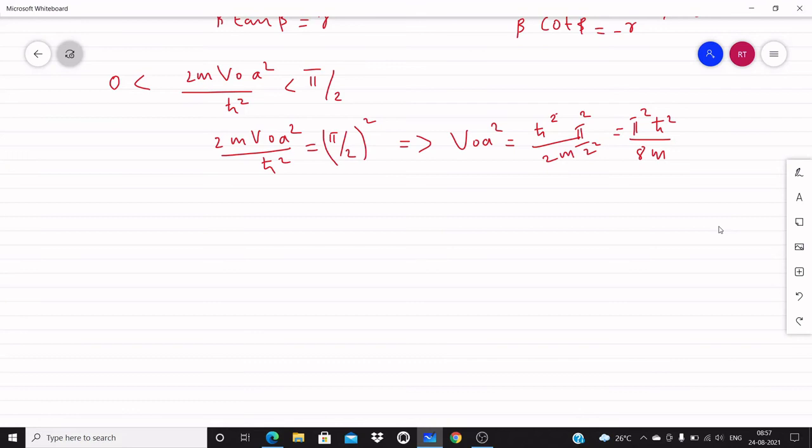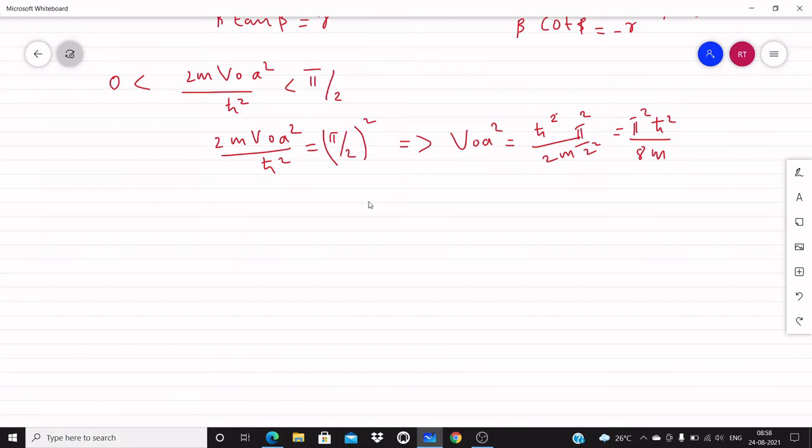So based on the value of V0 a square, you can analyze the possible energies and the wave functions.